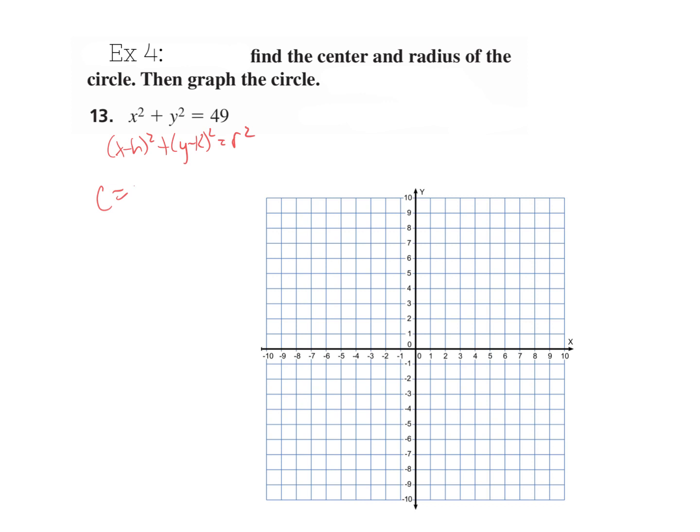So yeah, this one is just going to be 0, 0, because once again, it was x minus h, but x didn't have anything to subtract from. Y minus k, nothing was subtracting from y, so that must be 0 and 0. And then I need to find the r. How do I find the r? Yeah, so because right now it's r squared equals 49. So I take the square root of that. And what do you get, class?